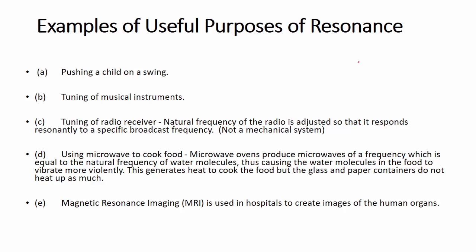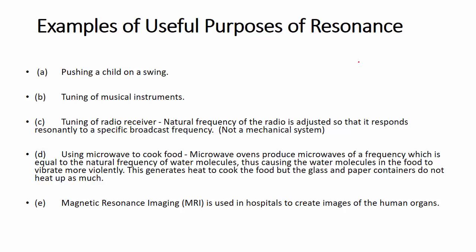Resonance is also used in the principle of operation of the microwave oven. Microwave ovens use microwaves that have a frequency very similar to the natural frequency of oscillation of water molecules.